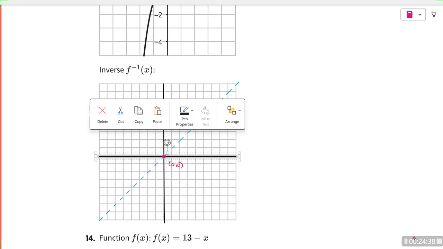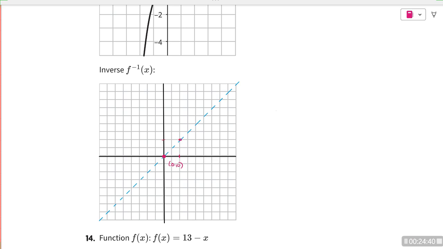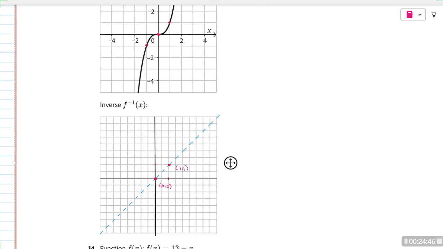So I'll count by 2s here. I'll make this 1, 1. And I also see that it goes to this negative 1, negative 1. So those points, notice they don't change because x and y are the same. So flipping my input and output actually doesn't impact those 3 points.